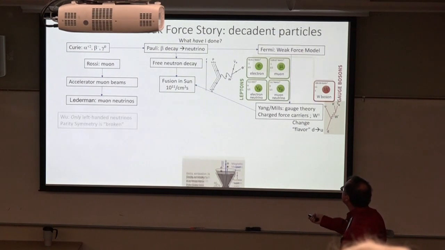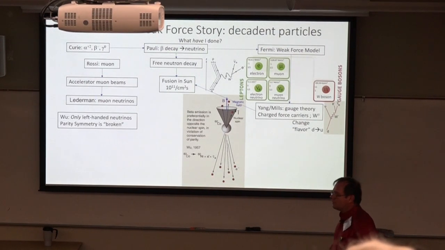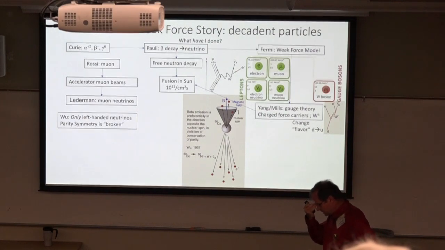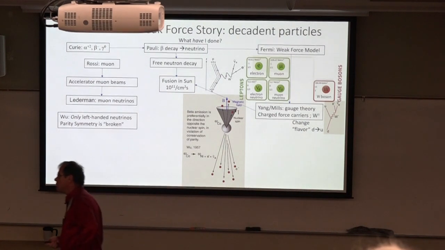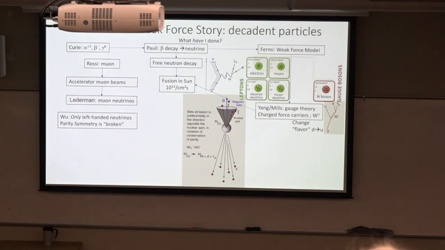Now, let's see. We've got one more twist on this whole thing. Again, darned experimentalists, they go and measure stuff, and sometimes they don't get what you would expect to see.